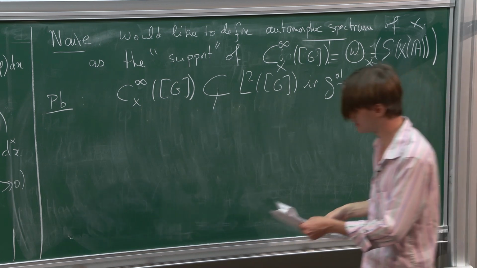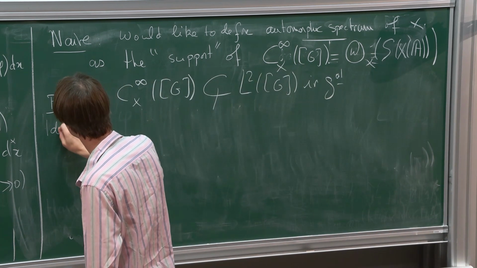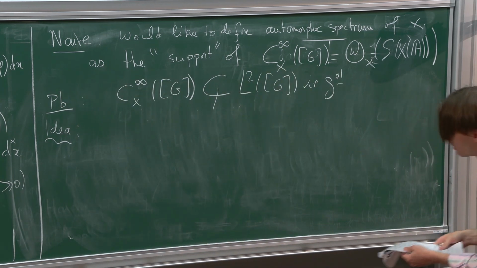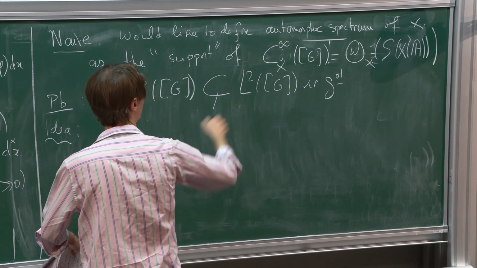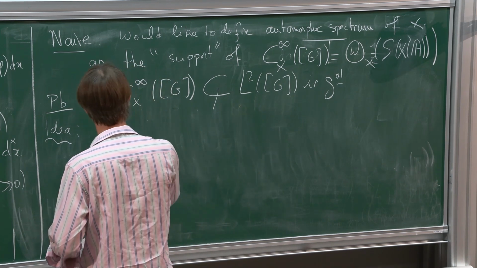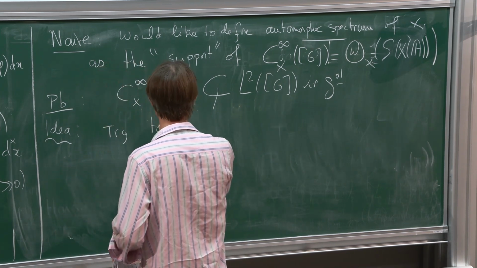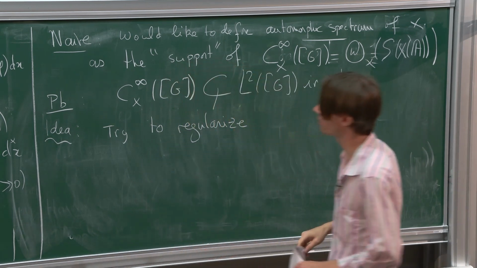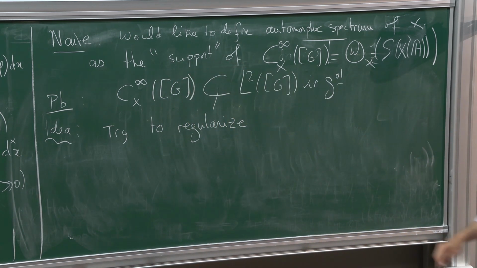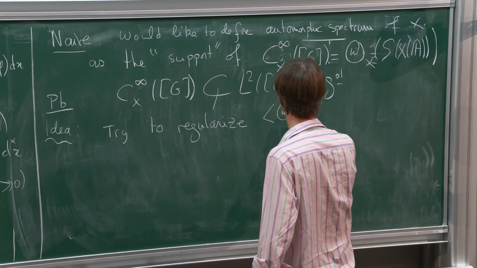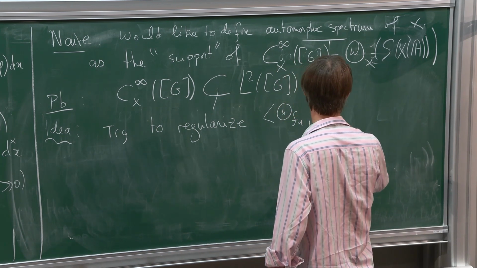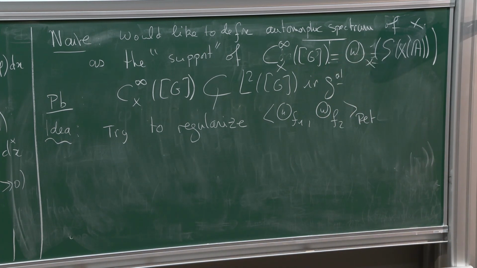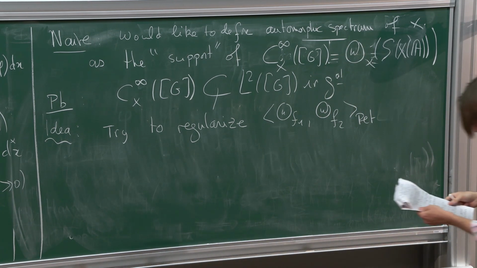And one very rough idea to make the connection with some of the previous lectures would be to still try to embed this in L2 in some sense. So try to define or regularize the L2 inner product of two theta series. Which would at least formally give you an invariant inner form.